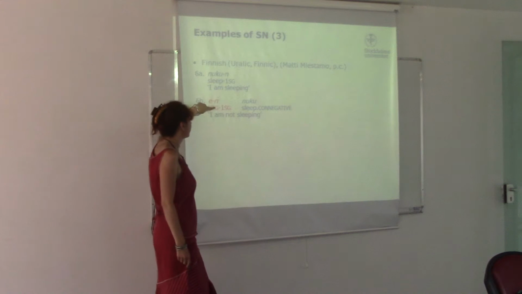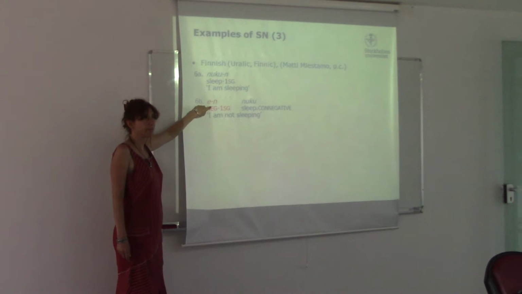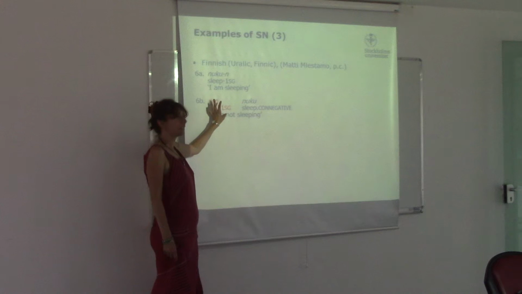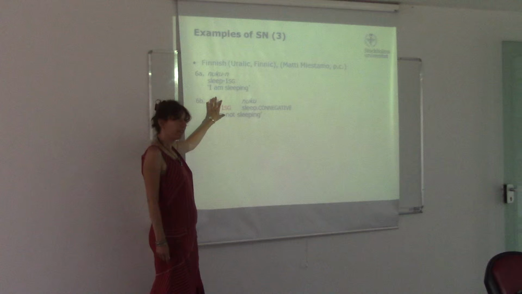The finite affixation goes on the negative auxiliary. So "I am not sleeping" is expressed by a negative auxiliary that takes all finite affixation. This is what's inflected for number and person.